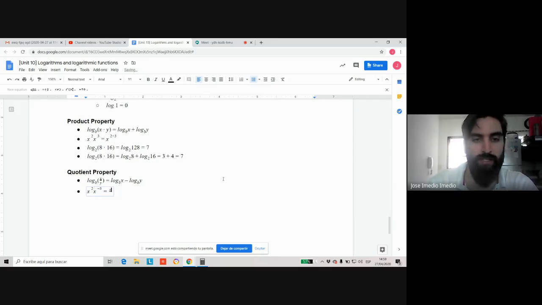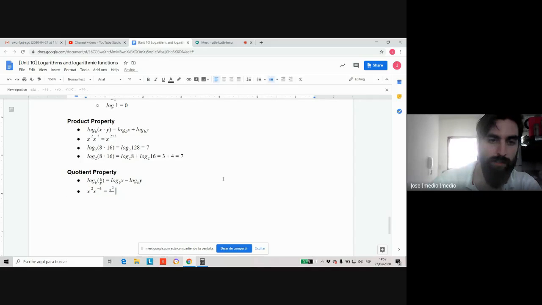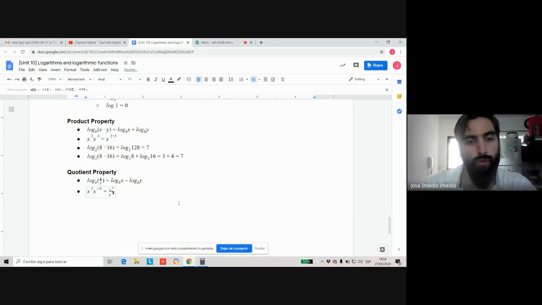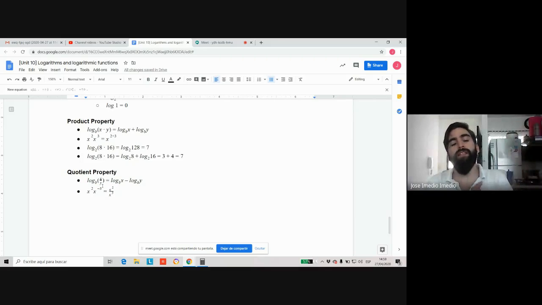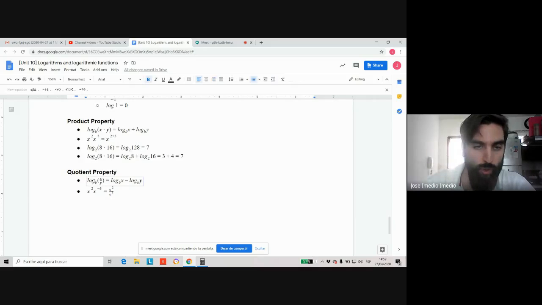I could say this is x squared over x. Okay, so this property comes from here. That's why we relate a quotient with a subtraction. So, guys, I'm going to highlight this property in gray. I think it might help.